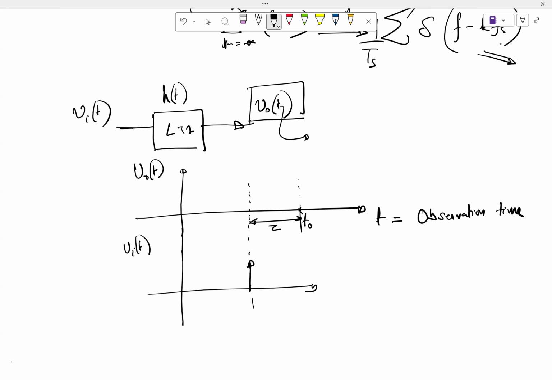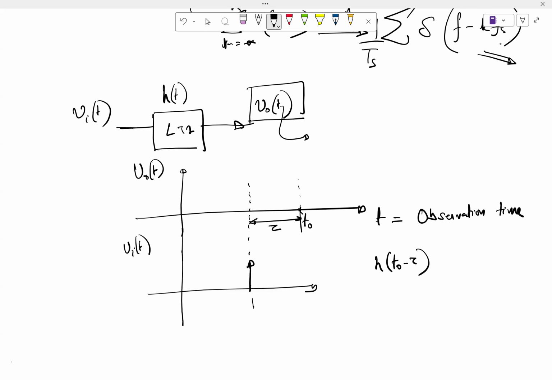Given that I know the impulse response is h(t), or h(tau): v_i(t) is a delta pulse, an impulse that has been applied tau before T naught. So h of T naught minus tau.